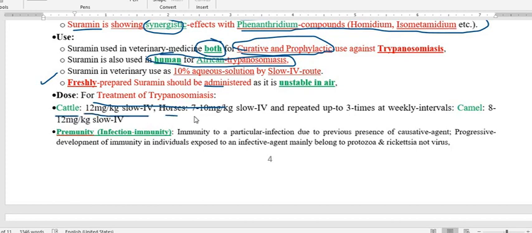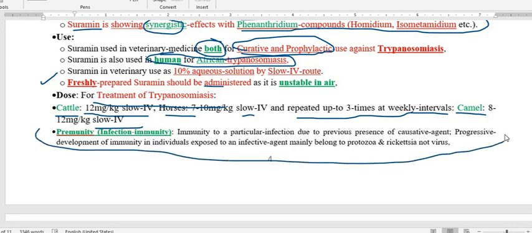For treatment, in cattle we use 12 mg per kg slow IV. For the horse, 7 to 10 mg per kg slow IV. This dose may be repeated up to three times at weekly intervals. In camel, the dose is 8 to 12 mg per kg slow IV.